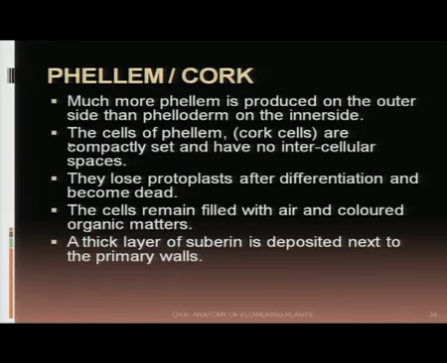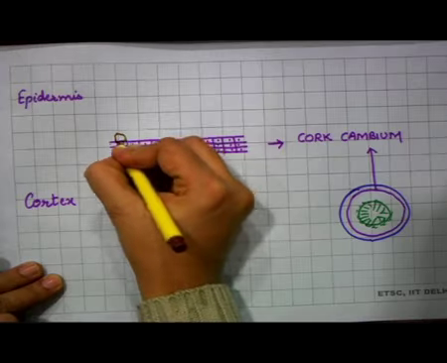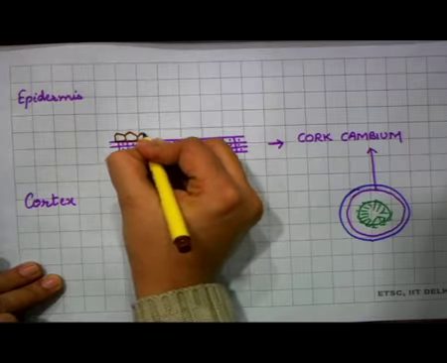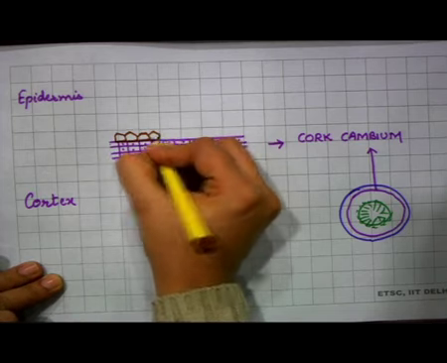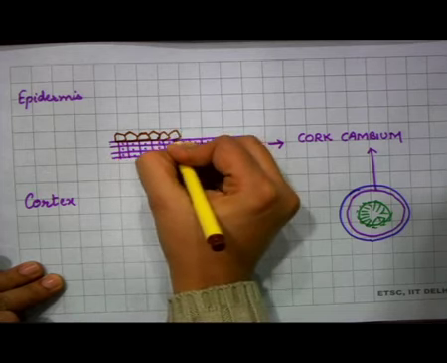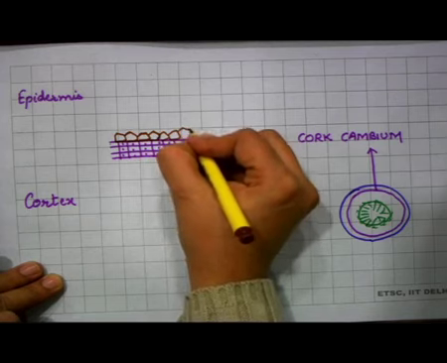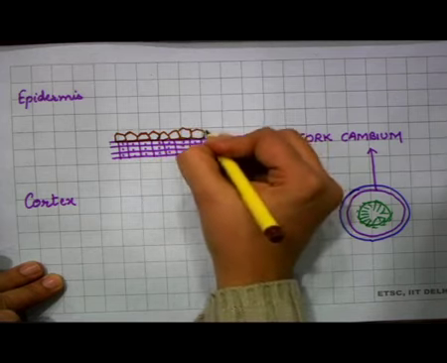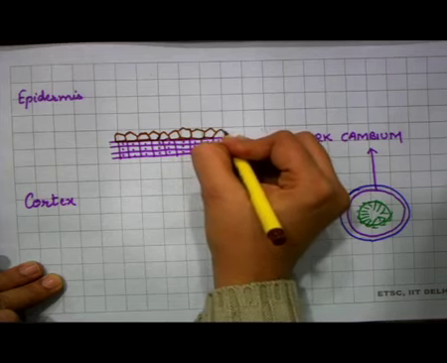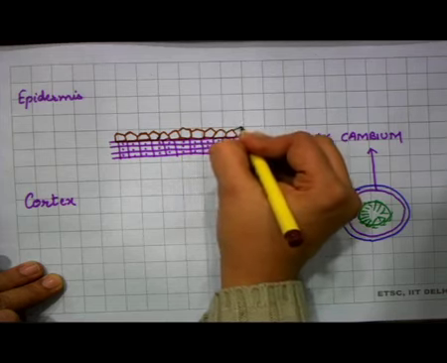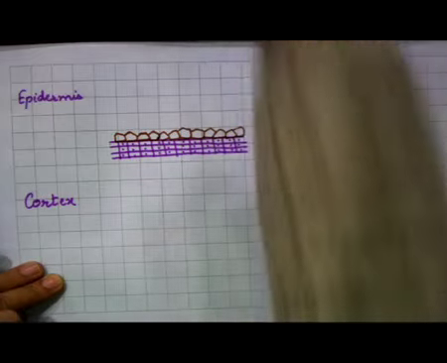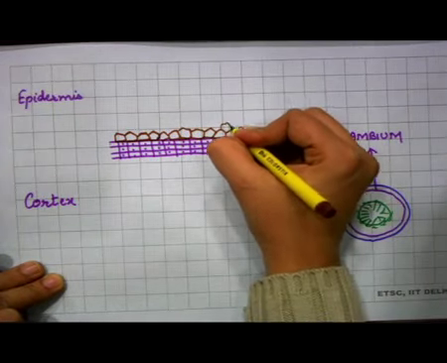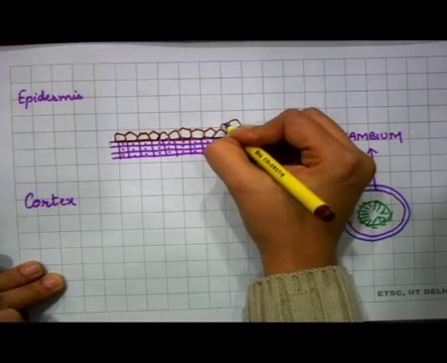Let us try to draw some cork cells. As we had discussed in earlier classes also, this is how we draw thick walled cells without intercellular spaces. I will draw in this manner, increasing in height.